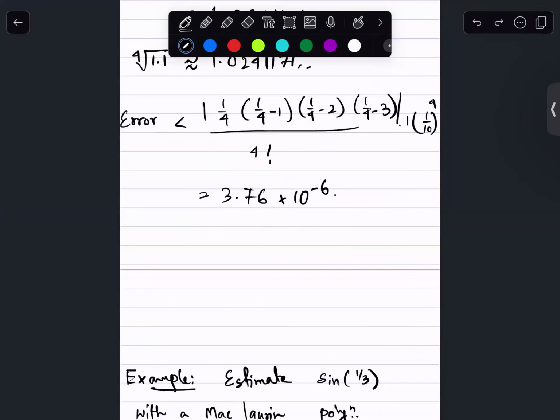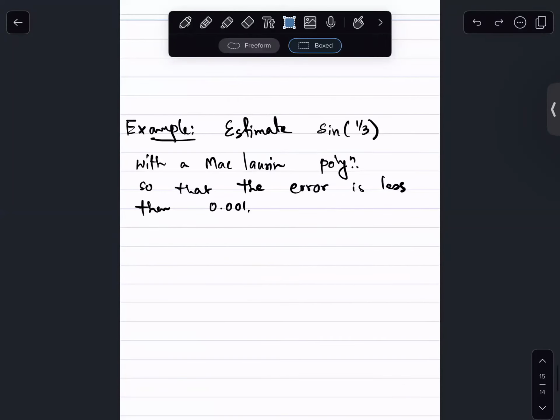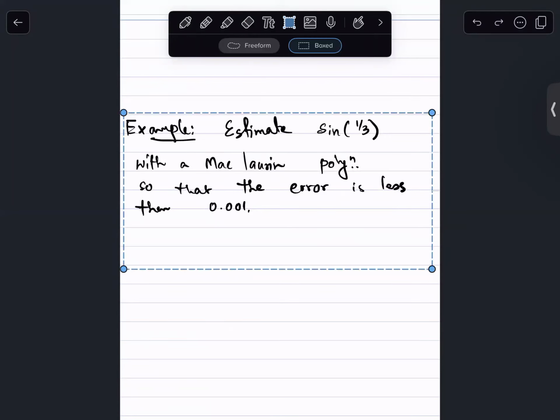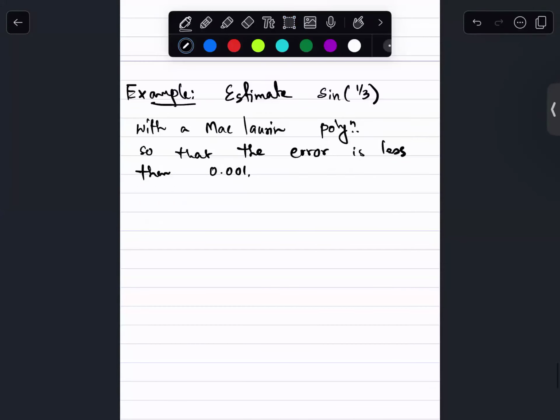Okay, that is it. For the next problem, where you have to estimate sine of 1/3 with the Maclaurin polynomial, you do kind of the same thing again.